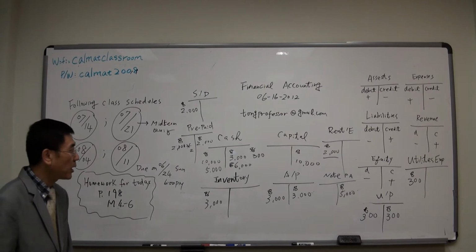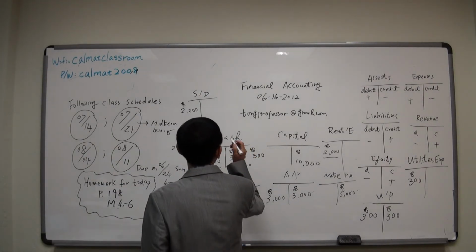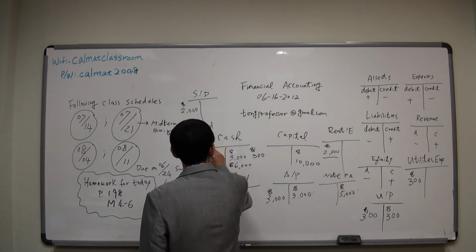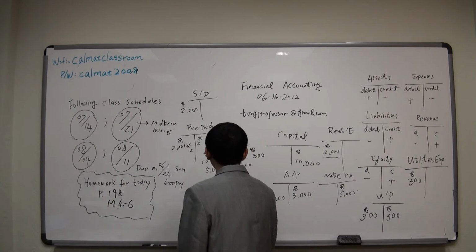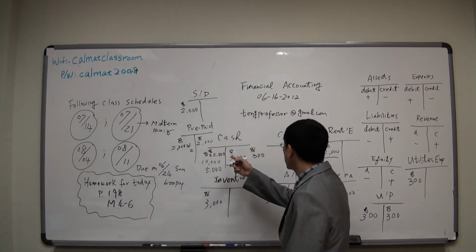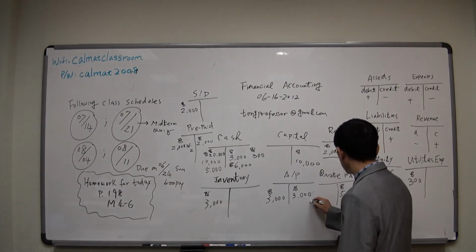So let's see what happened here, okay? So when your company receive cash here, $20,000 here, right? Then you have another. So this is number 1. That's the number 2.